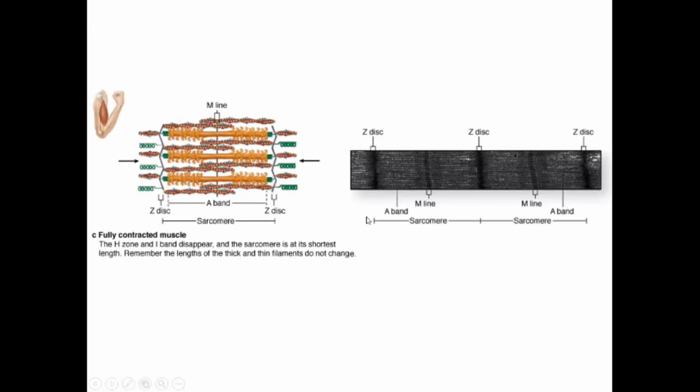And in the full contraction, we don't have any I band, we don't have any H zone, because the overlapping area is complete in full contraction, and you can see the Z disc attached to the A band. So we don't have any I band in the full contraction.